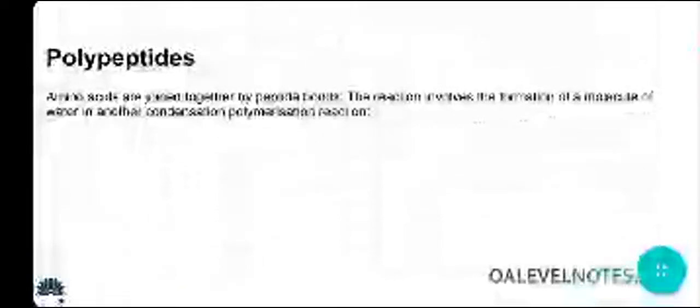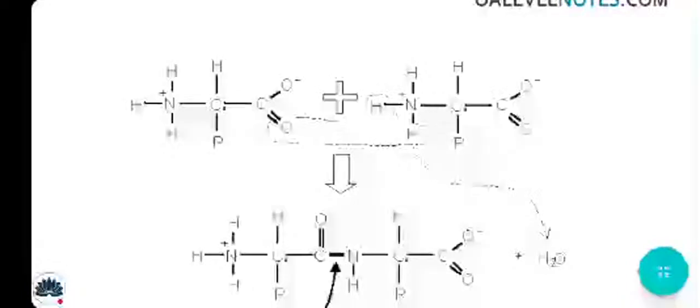Polypeptides are what we have been discussing. Polypeptide means you are required to first focus on the peptide bond. When two glucose molecules combine, a glycosidic bond is formed, alpha or beta. When two amino acids combine together, they form a peptide bond, and see how they form.